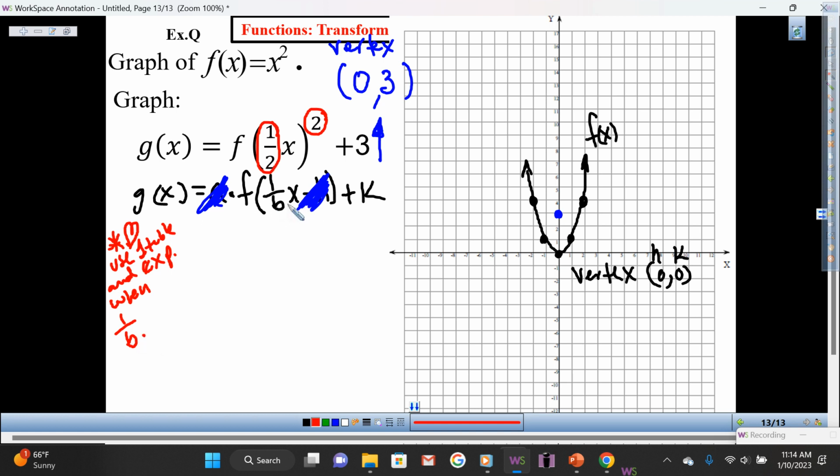1 over b. Okay. So if we only need one table, let's do that table in red. X. And here, instead of just f of x, I write f of 1/2 times x. And then we do write the exponents. All right, so our first value, negative 2.